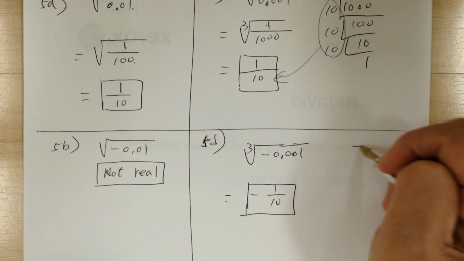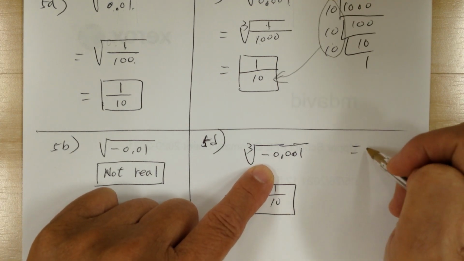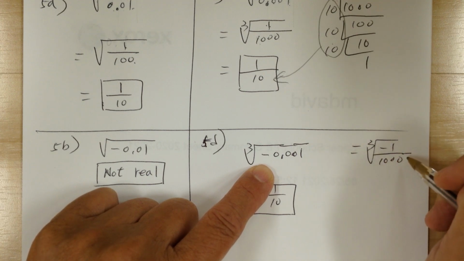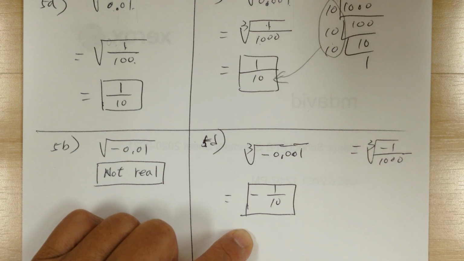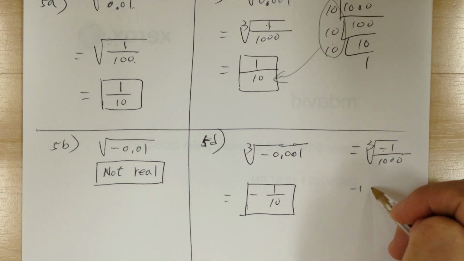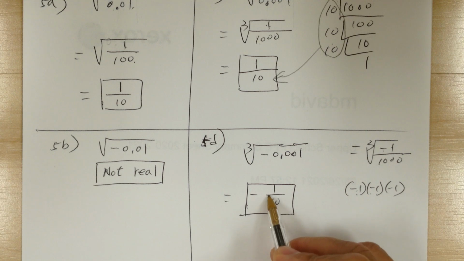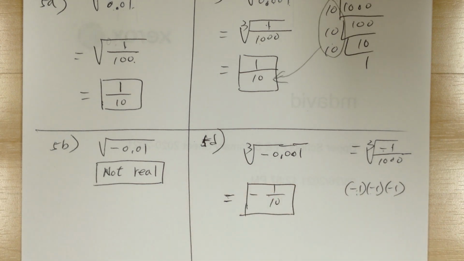The reason is that this equals the cube root of negative 1 over 1,000, and negative 1 times negative 1 times negative 1 can be broken up like this, so you can still do that. But for even indices, you cannot do it. So just remember that.